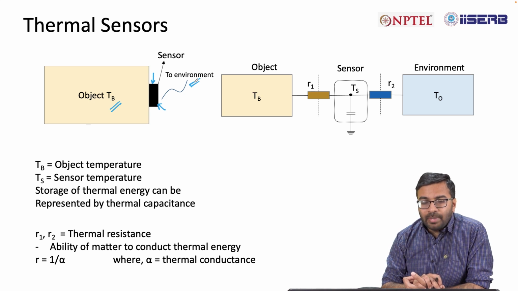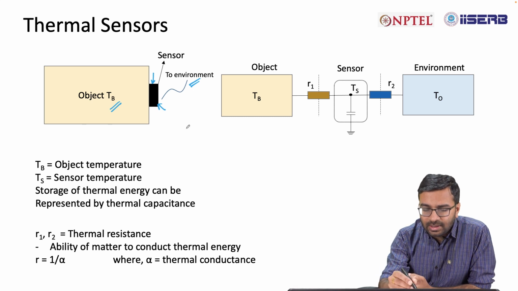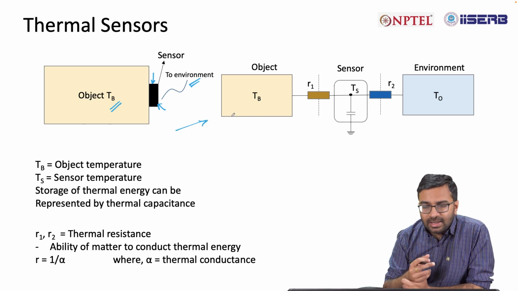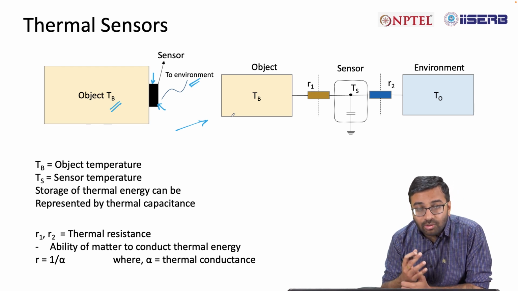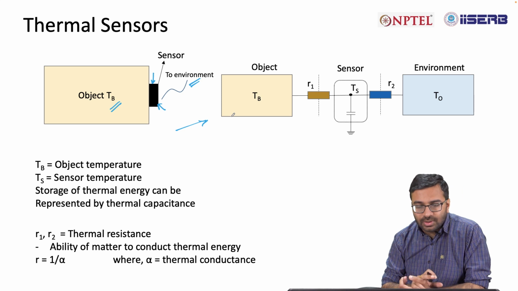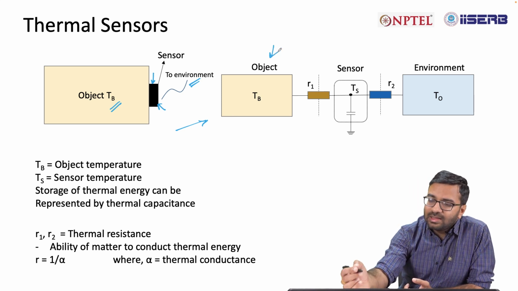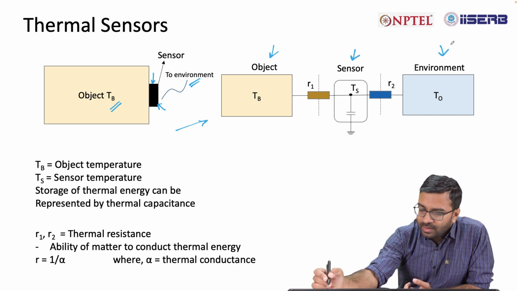To make it easier to understand, we have drawn a schematic, or you may say an electrical circuit equivalent of this particular situation, where we have taken an object, then a sensor, and then the environment.